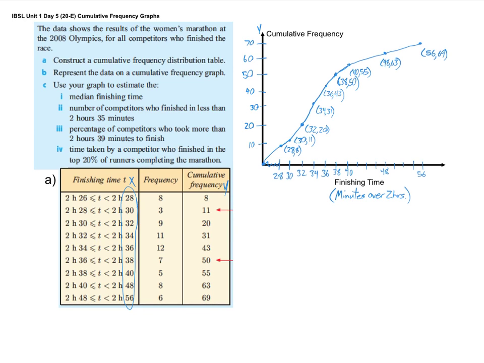It says that we can use our graph to estimate the median. Now, first of all, how many competitors do we have here? 69. 69 of them, okay? The total number is going to be whatever that last cumulative frequency is. By that time, everybody has finished, okay?